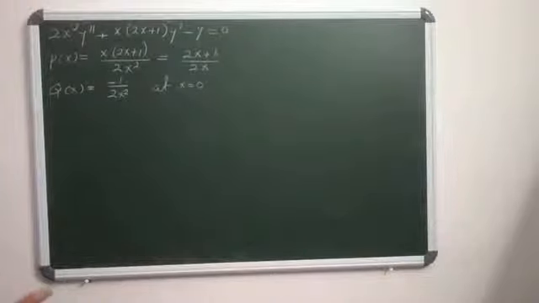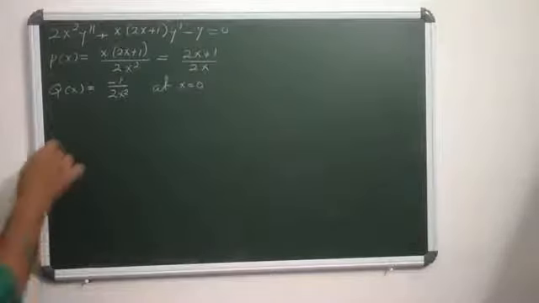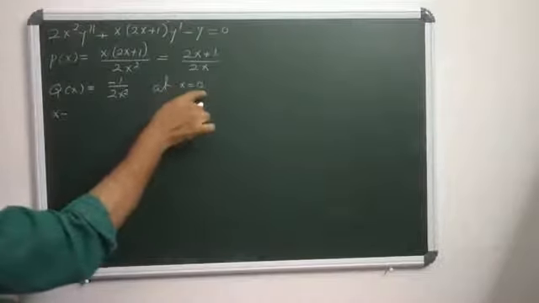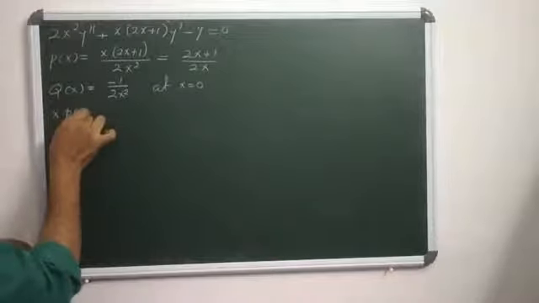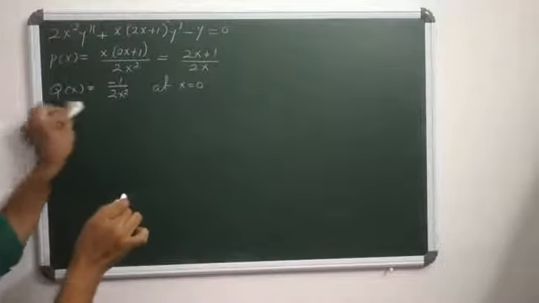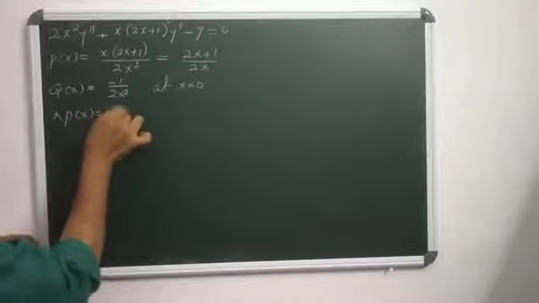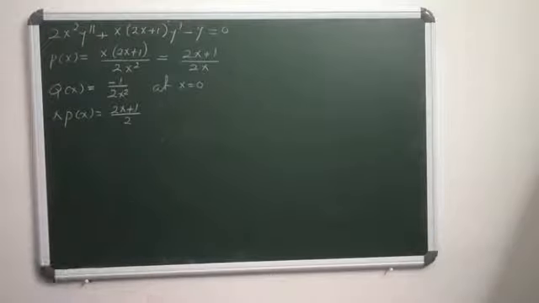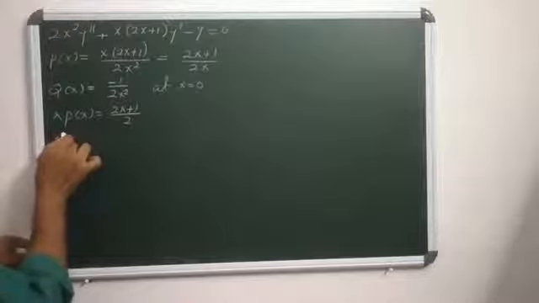Then the next step: is it a regular singular point? What about (x minus x0) into p(x)? Here x0 is 0, so x minus 0 into p(x), that is x into p(x), equals (2x plus 1) divided by 2, with one x cancelling. Again, (x minus x0) whole square is simply x square.